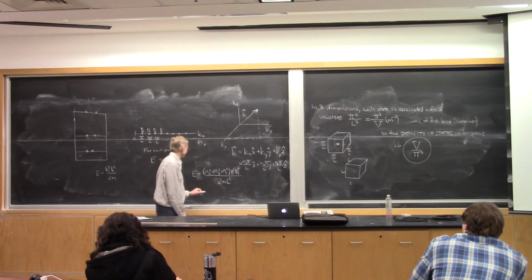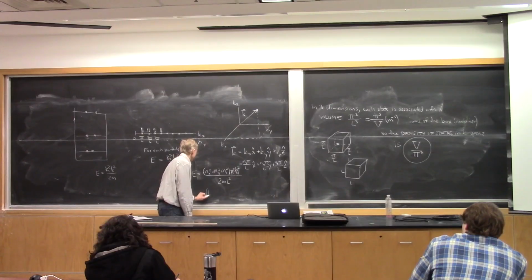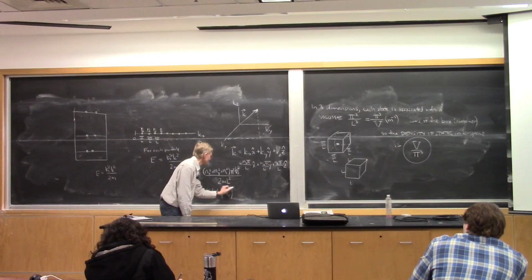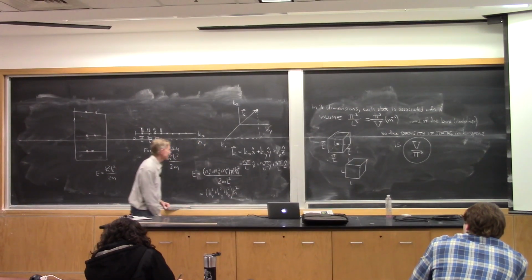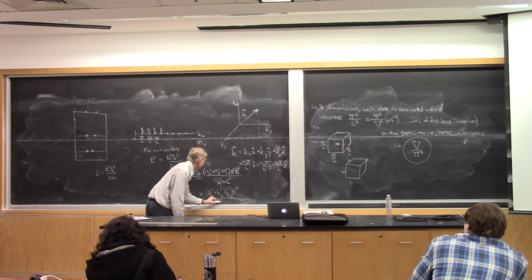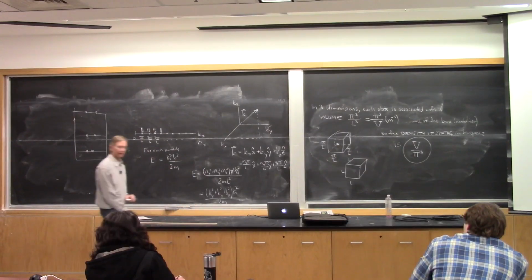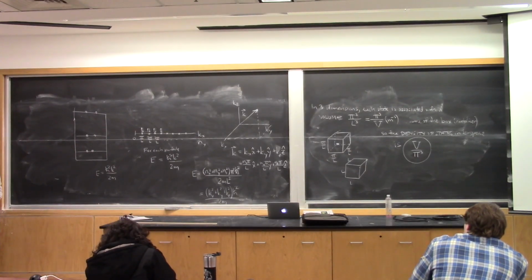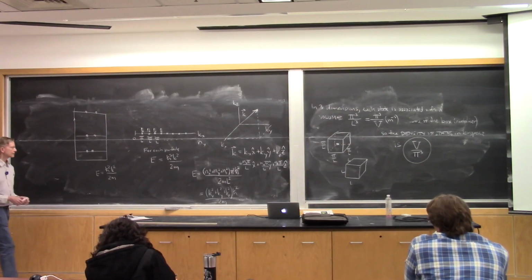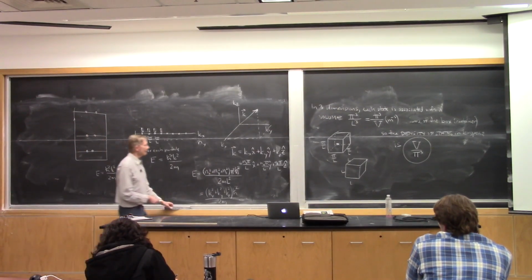So we can also write this as kx squared plus ky squared plus kz squared, times h bar squared over 2m. The energy is h bar squared times kx squared plus ky squared plus kz squared over 2m.